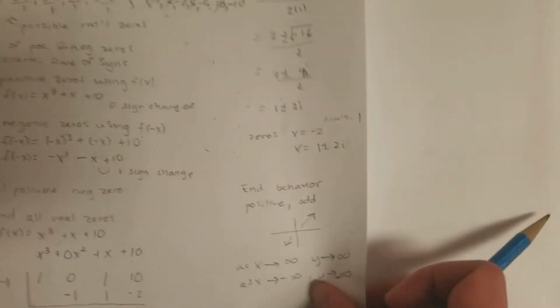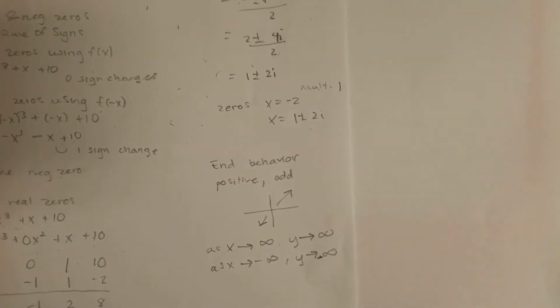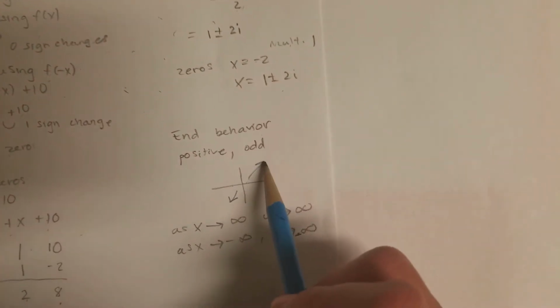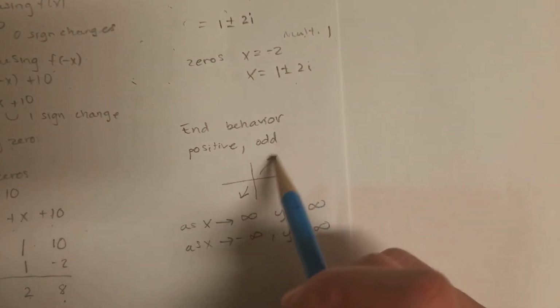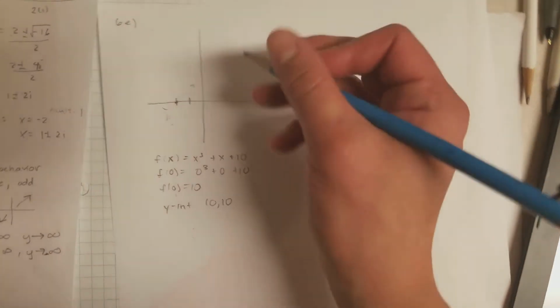Because we just have the one zero with a multiplicity of 1, giving us an odd number, it's going to be going up this way and going down that way. You know that this is going to end up this way somewhere, and this is going to end up that way somewhere. The other thing I know is that up here there's going to be a y-intercept.